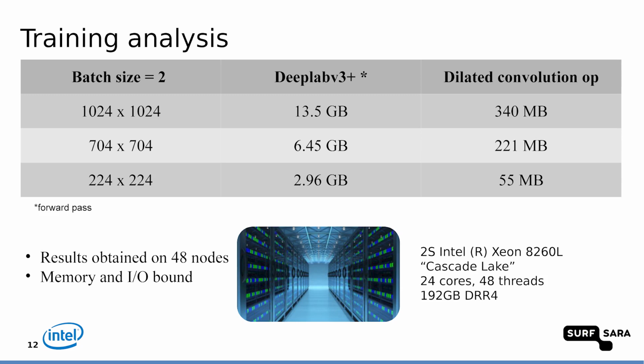Here I'm going to give some analysis of our training. Let's say 3-4 years ago, when the competition was launched, people were using patches of 224 by 224, with ImageNet pre-trained models. They could do well on GPUs, and it was taking 3 gigabytes of memory. It was nice. This is for a batch size of 2, by the way.